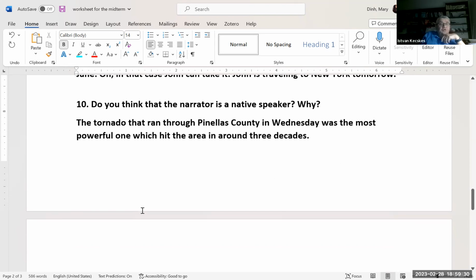The next one is a little bit more complicated. Number 10. Do you think that the narrator who says this sentence is a native speaker? If yes, why? If no, why? So please read the sentence very carefully. The tornado that ran through Pinellas County in Wednesday was the most powerful one which hit the area in around 3 decades.